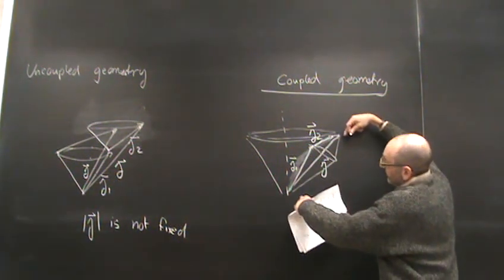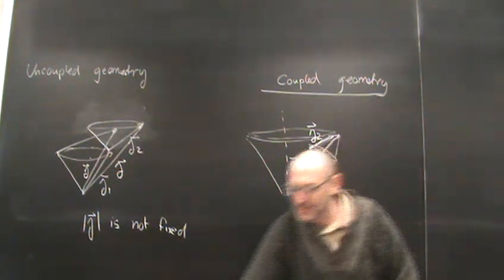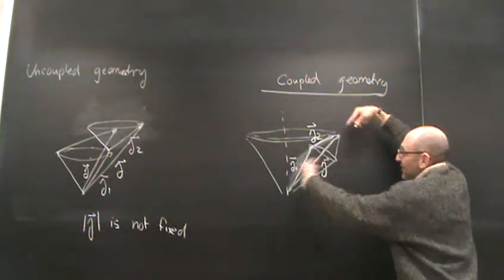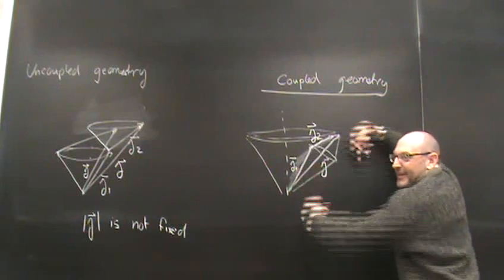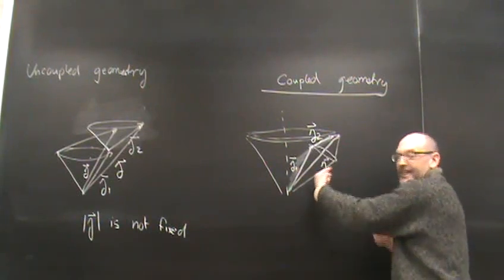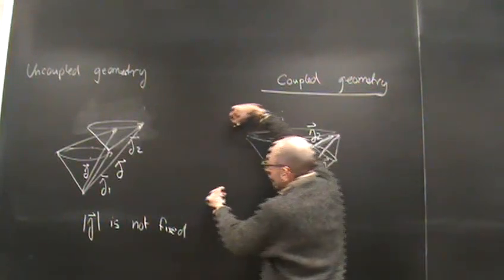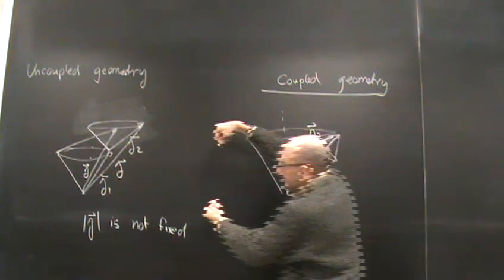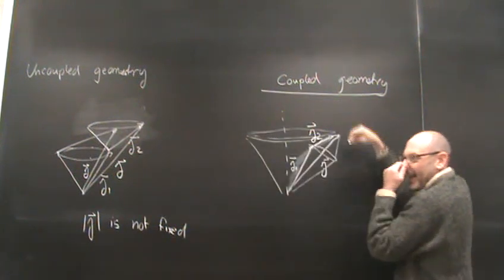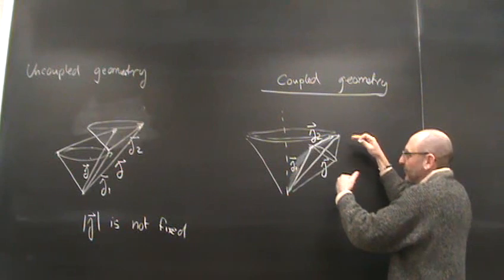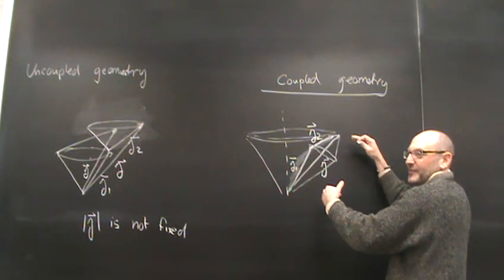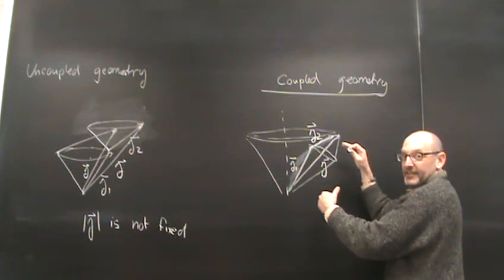That way, if you think about this, this is why this is called the coupled representation. We have two guys that are kind of spinning around their joint axis. The joint axis is precessing around the z-axis, so that the projection of the total angular momentum is fixed.